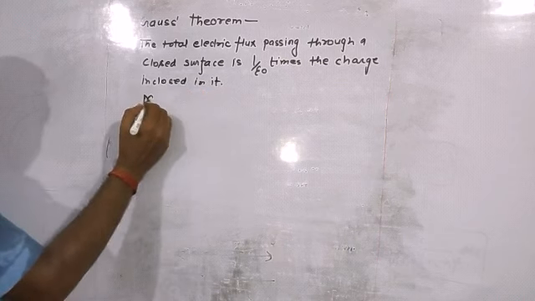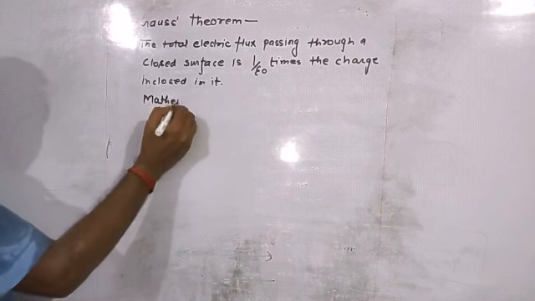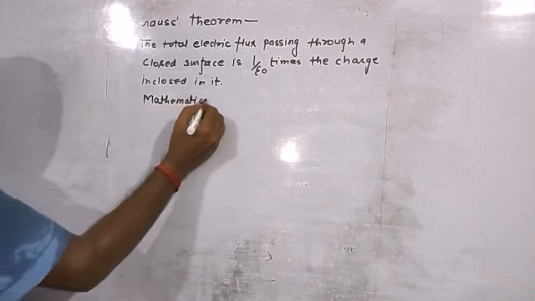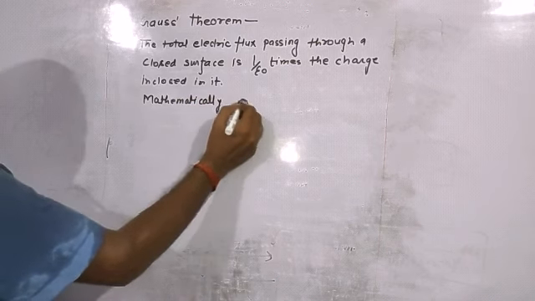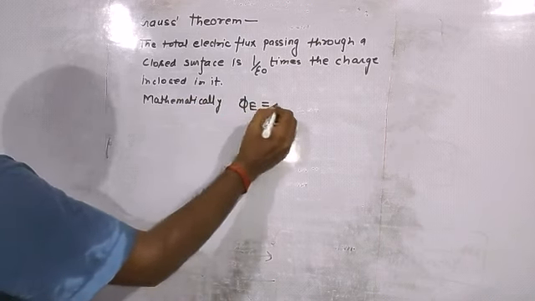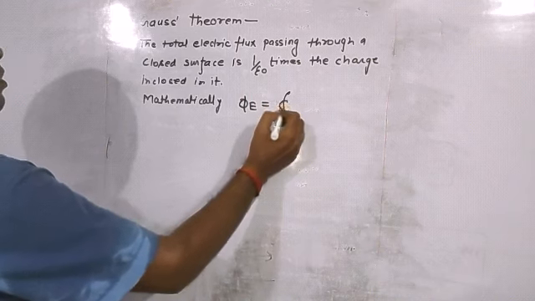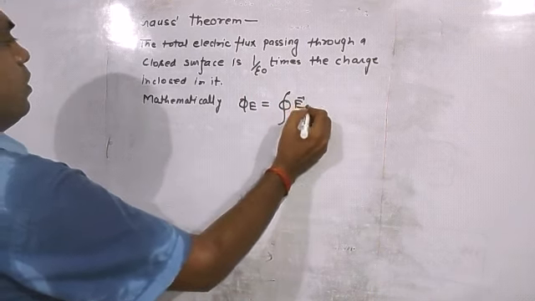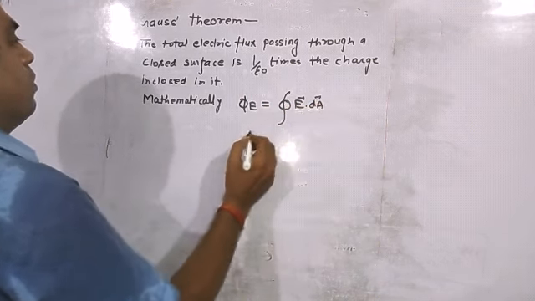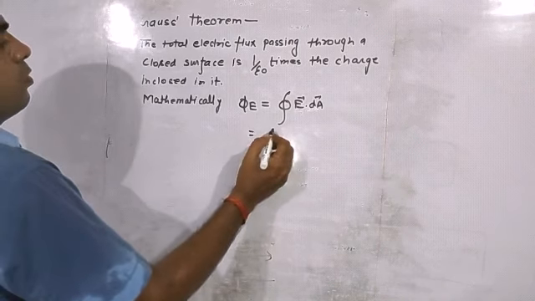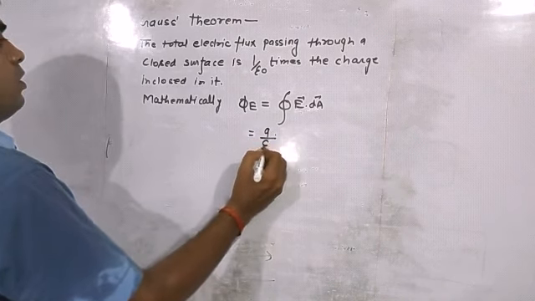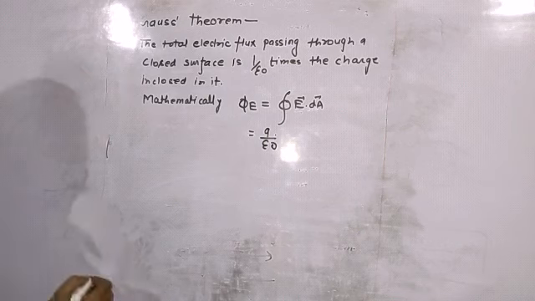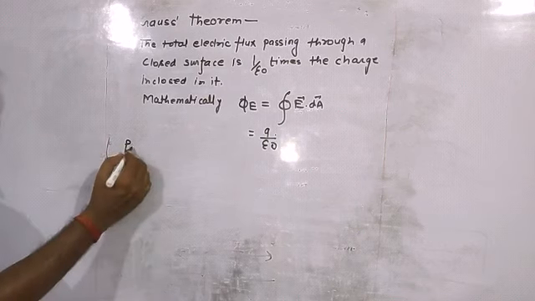So mathematically, electric flux phi E, if the surface is closed, is the integral of E dot dA, which is equal to Q by epsilon naught. Now we are going to prove it.